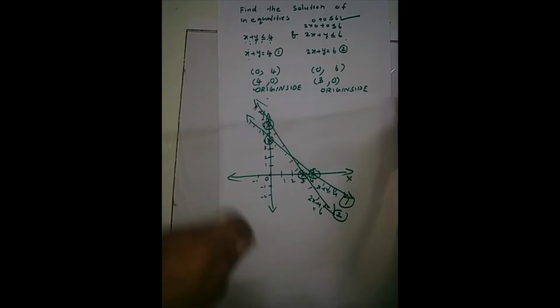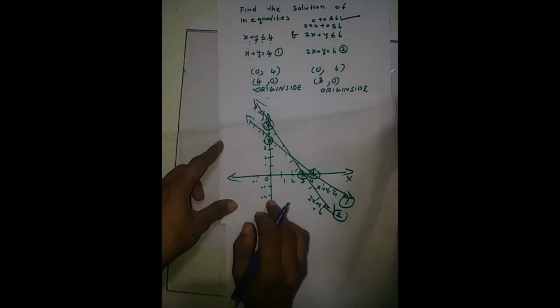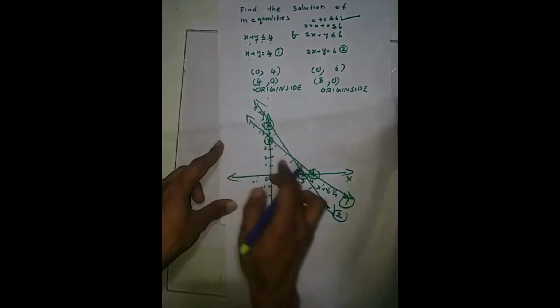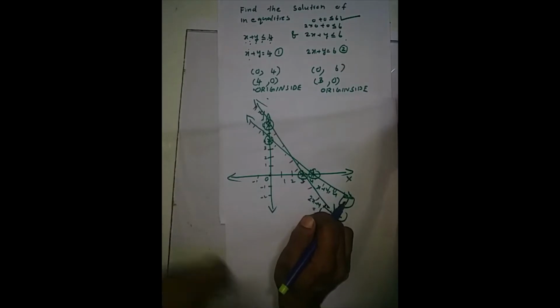So we have to show the common shaded region. If this shaded region and this one both intersect, at which region do they meet?